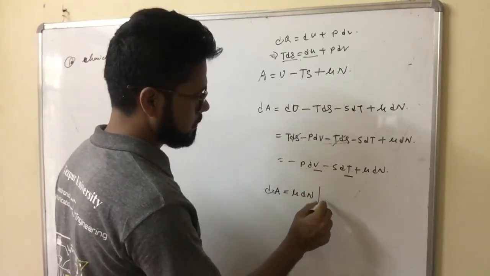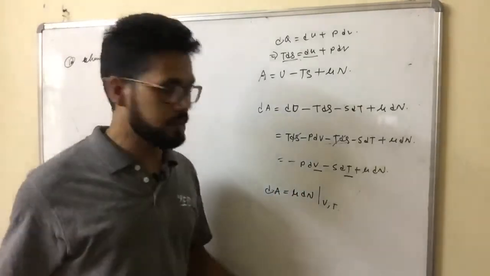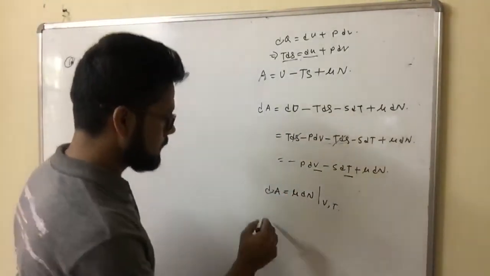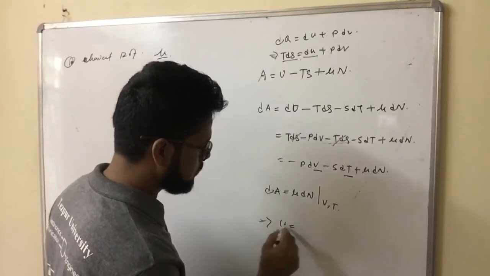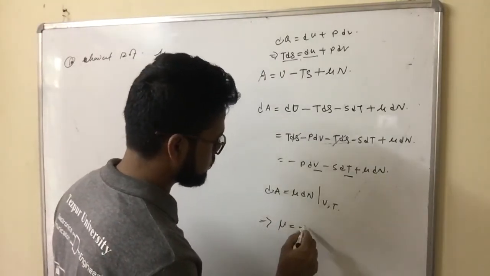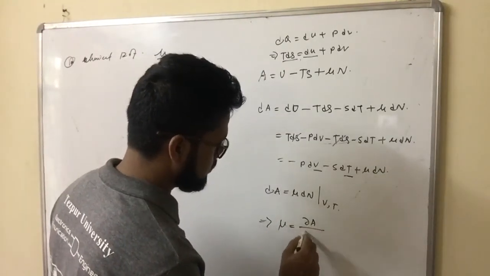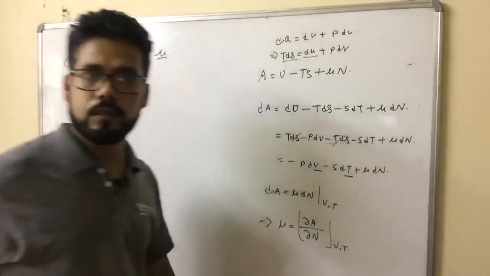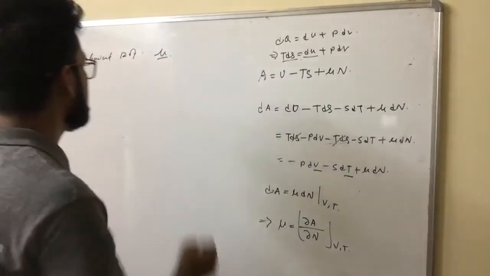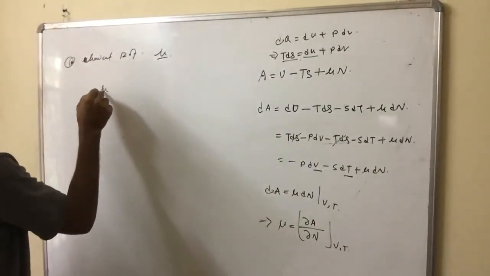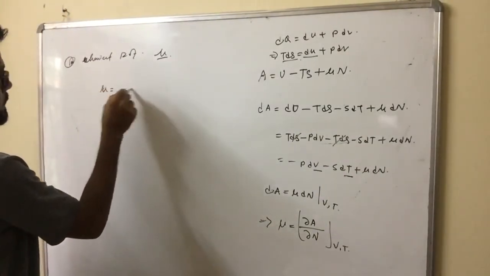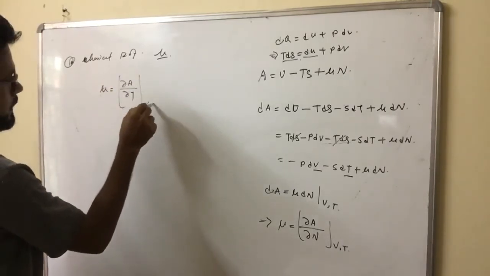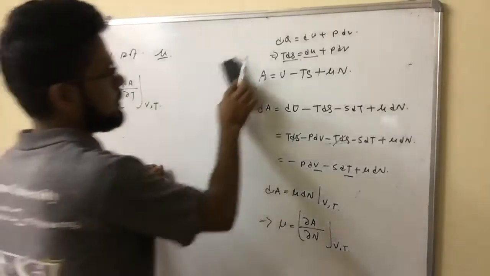When volume and temperature are constant, these two terms are 0, so I can simply write the chemical potential mu equals dA by dN at constant volume and temperature. Easy, no need to remember.